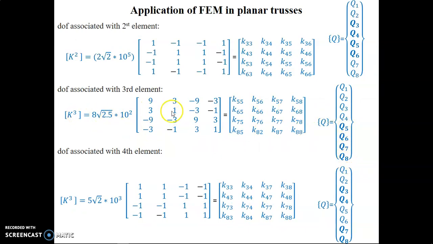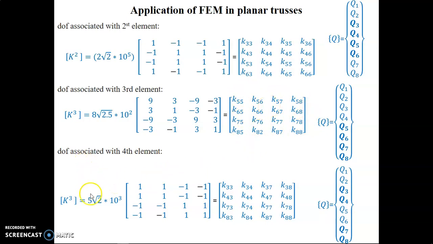We will now be filling in the values of the direction cosines for the third element of the truss, and we will be defining this matrix in terms of the coefficients K55, K56, K57, K58, and along the rows we will be changing the values 5, 6, 7, 8, and simultaneously we will be filling the entire matrix.